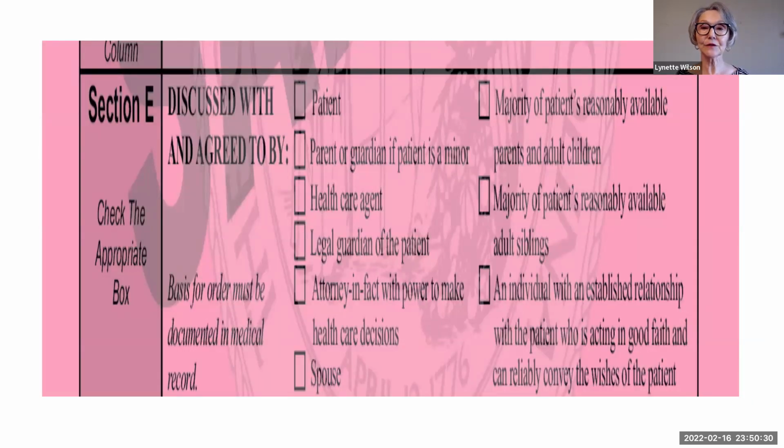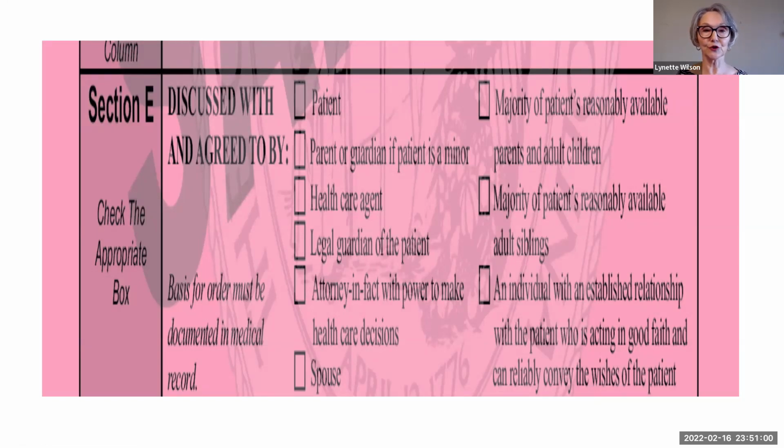Okay, the next section of this form is: who did I discuss this with? As the medical provider, with whom did I discuss this form? And the listing that appears here is the listing in order for North Carolina of who's consulted when decisions have to be made about a patient and a patient is not able to make those decisions himself or herself.